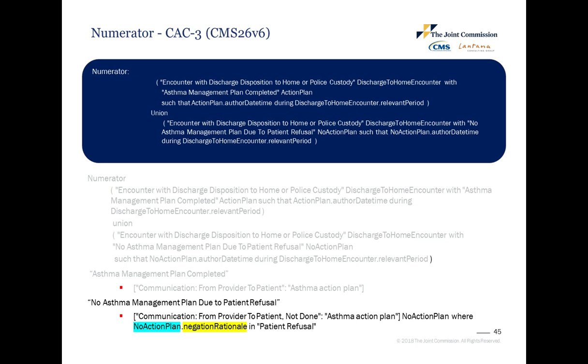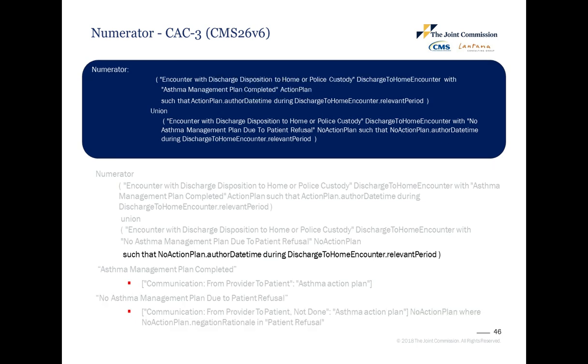The value set includes refusal by a patient or a caregiver. The caregiver is defined as the patient's family or any person who will be responsible for care of the patient after discharge. And remember, the negation rationale must be authored during the encounter relevant period. And that takes us to the end of the CAC-3 measure review.